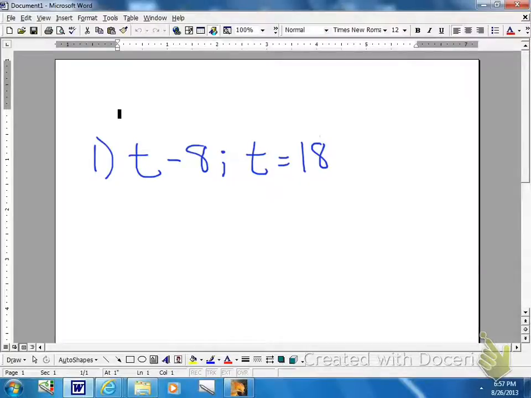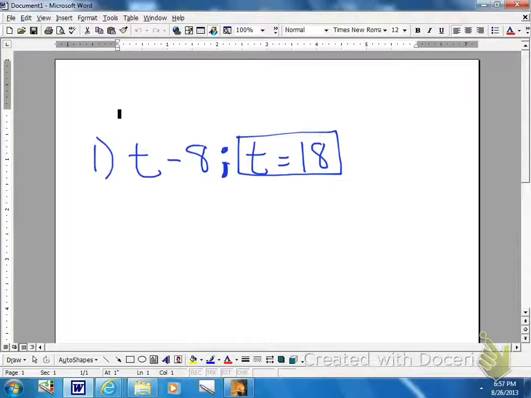Okay, let's look at the odd on page 46 in the guided practice, and let me explain something to you and then pause me and try and solve it. So number 1 shows t minus 8, and then they have this semicolon here to show a separation, okay? And then it has over here t equals 18.